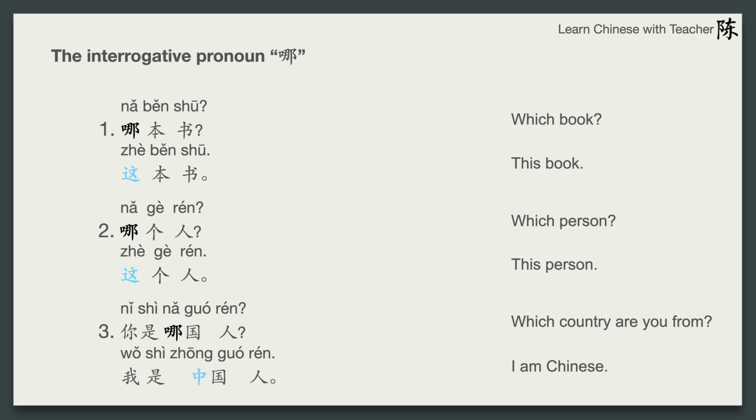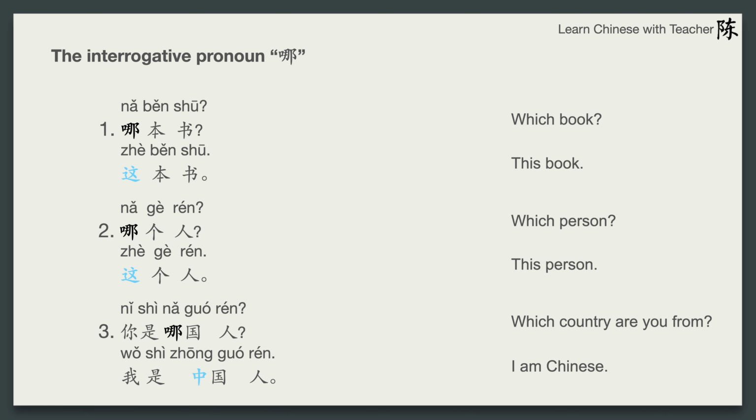The third one, 你是哪国人? Literally, it means you are which country person? The answer, 我是中国人 I'm Chinese.